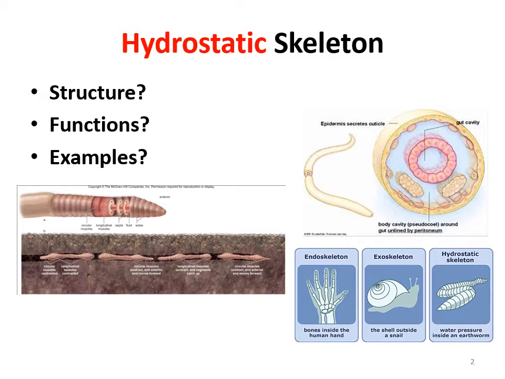So this fluid-filled cavity for the hydrostatic skeleton, the function of this system is just like with our skeletal system, it supports the body form of this organism. And it provides resistance for the contraction of muscles, basically to act against this skeletal system, just like yours does as well.